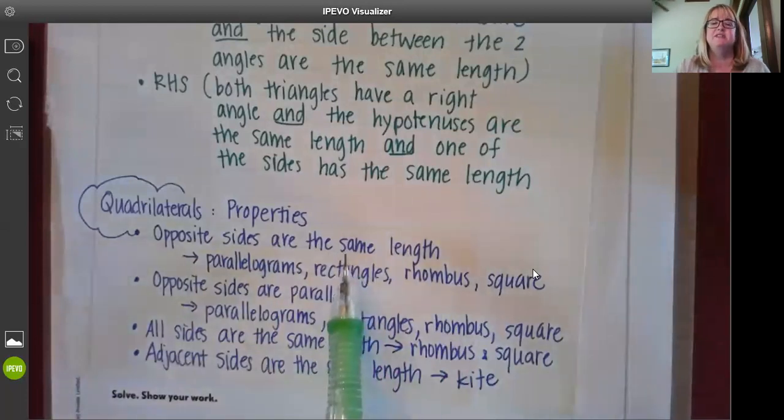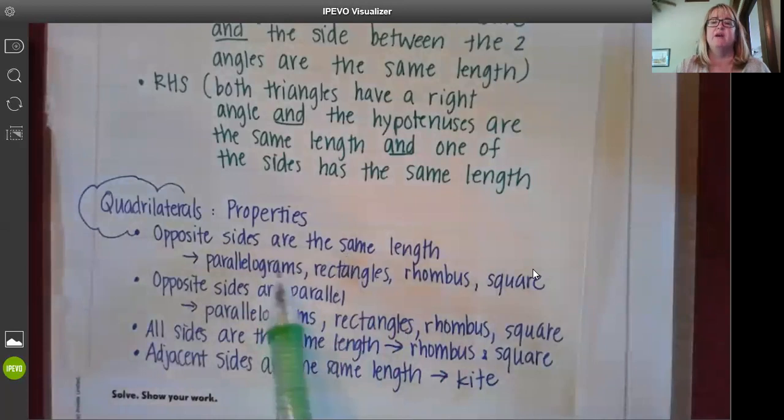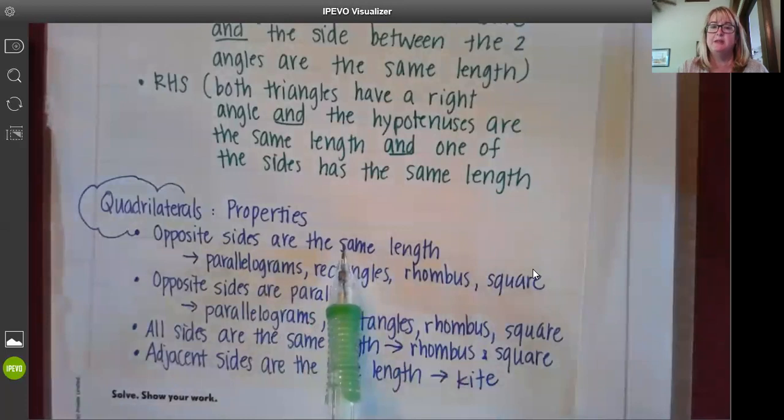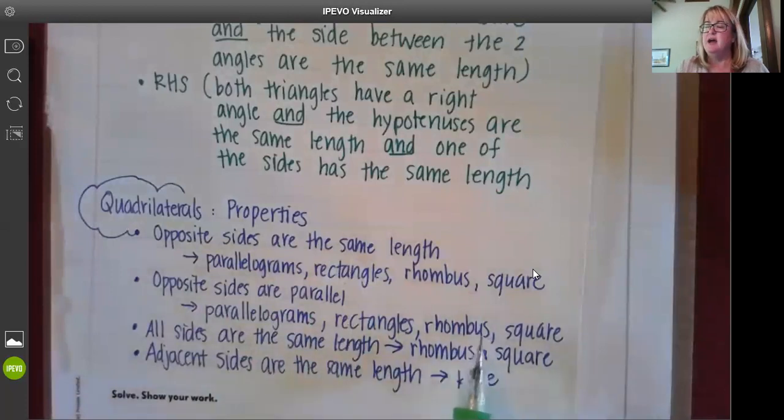Opposite sides are also parallel in parallelograms, rectangles, rhombuses, and squares. If all sides are the same length, that is true for a rhombus and a square. And then there's a shape called a kite. A kite has adjacent sides that are the same length, so the two sides that are touching are the same length. We'll look at those in our problems.